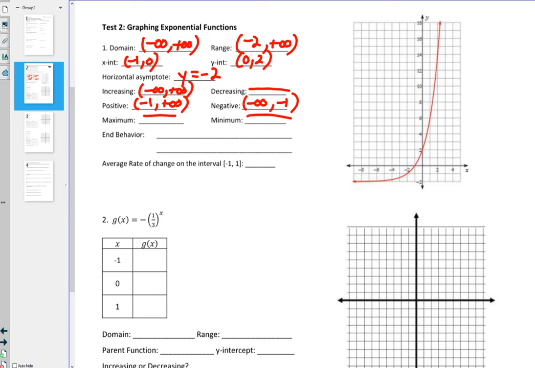Okay, and behavior. We did that recently. So let's say as x approaches -infinity, and as x approaches positive infinity. Jason, I can tell that you picked up on this. So when I say x is approaching -infinity, what are we referring to?